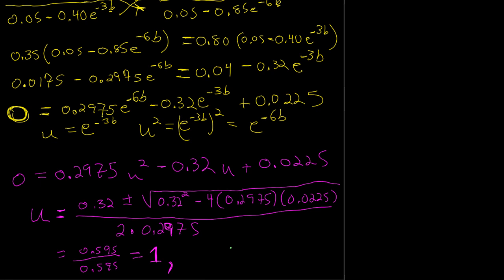I always forget that 0.0225. There we go. And that's 0.045, and I'm going to divide that by the 0.595. Yes. And the other value u equals is approximately 0.07563.